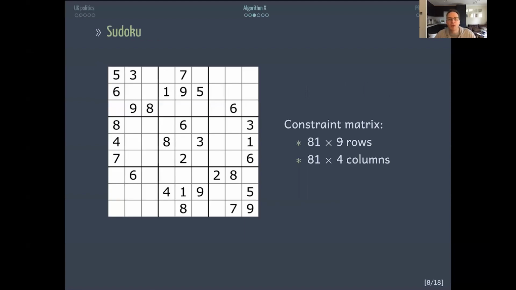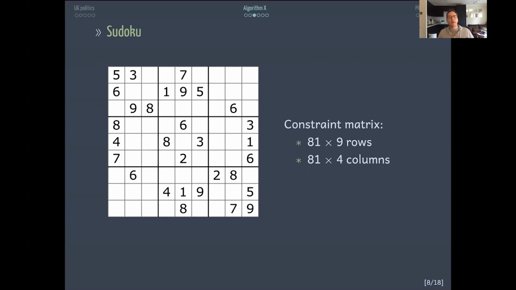Probably one of the most famous examples is a Sudoku puzzle, where the numbers 1 to 9 can only appear once and only once in each row, in each column, and in each 3x3 grid. The constraint matrix here is far too big to fit on any slide.